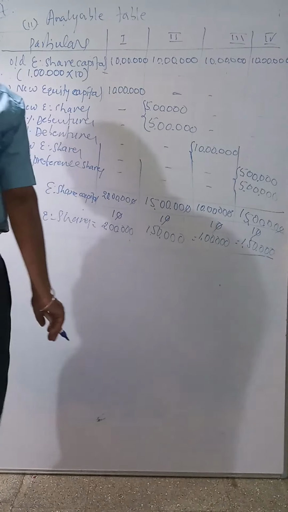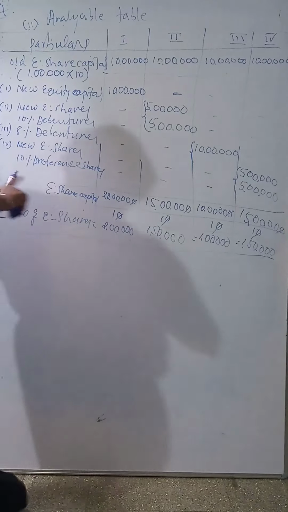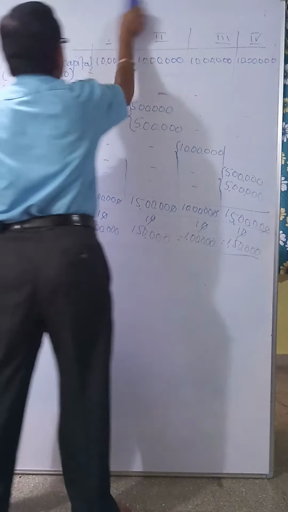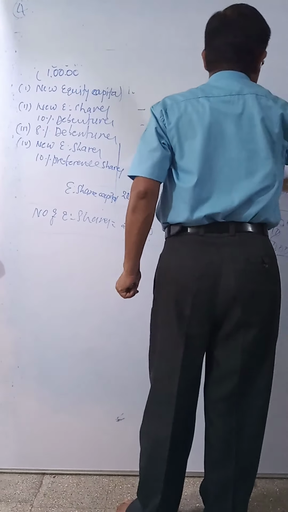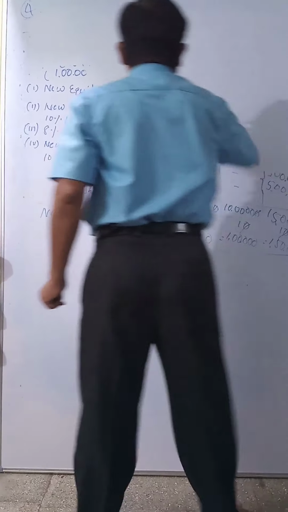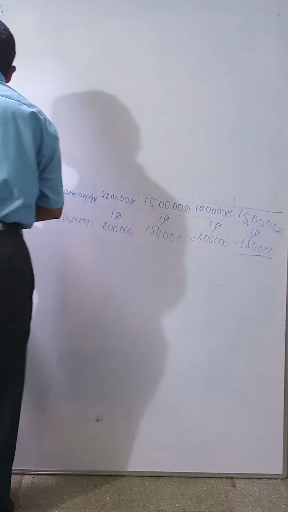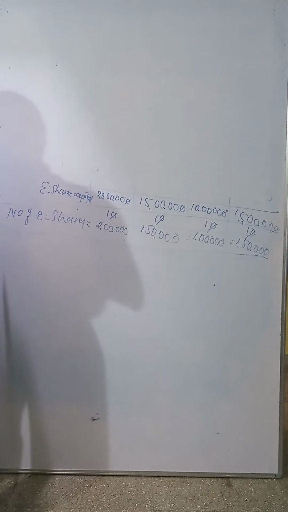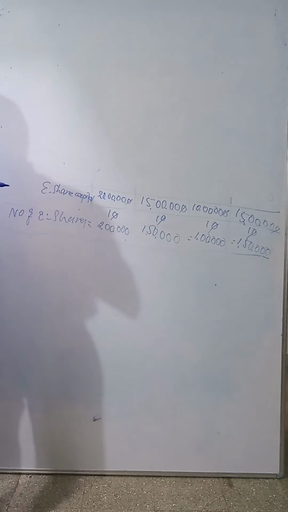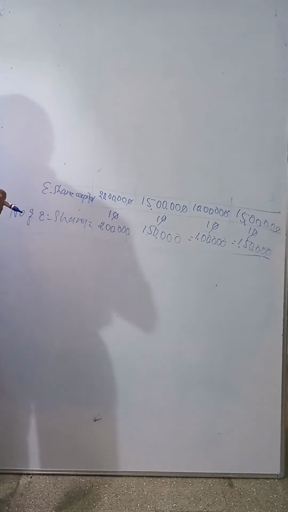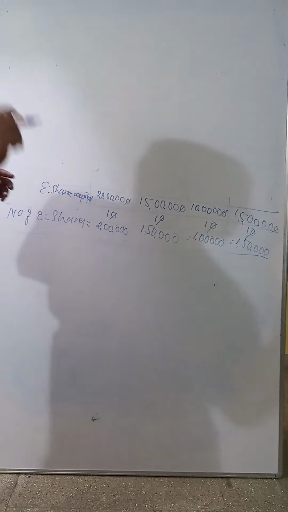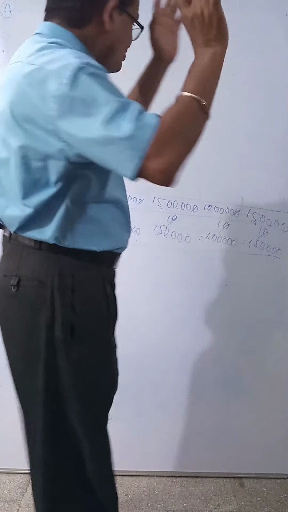See, after understanding the number of equity shares, now the calculation of EPS, earning per share. See here how to calculate EPS as given in this question. You see the last sentence. The existing EBIT is rupees 1,20,000, meaning old EBIT is 1,20,000.